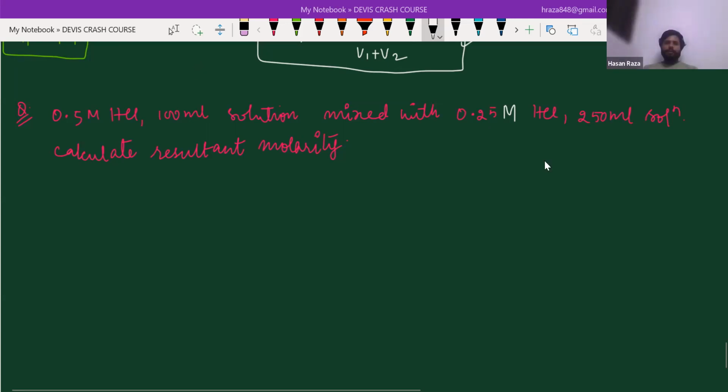Okay. So molarity is basically, you are going to mix it. This is M1, this is V1, this is M2, and this is V2, right?